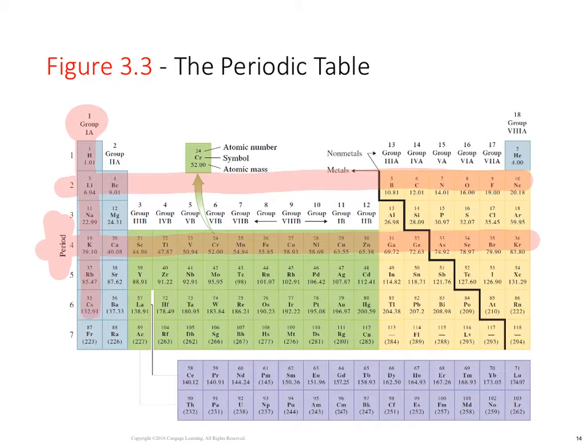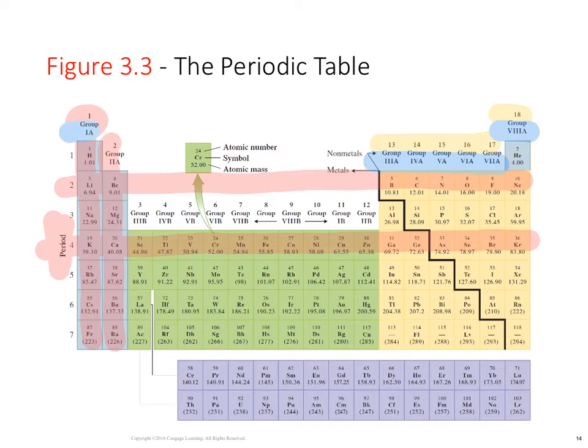So here is group 1. Here's group 2. And notice there are two different ways for numbering groups. We have just the numbers, 1 through 18 straight across the top, right? It's good for counting, but it doesn't really do much else. Then we also have the Roman numeral numbering system.